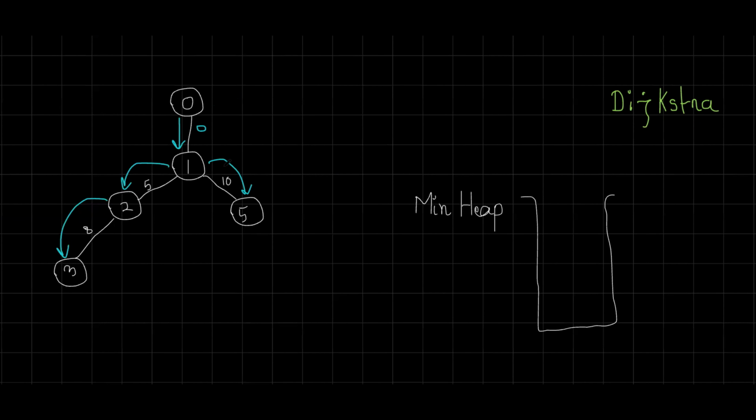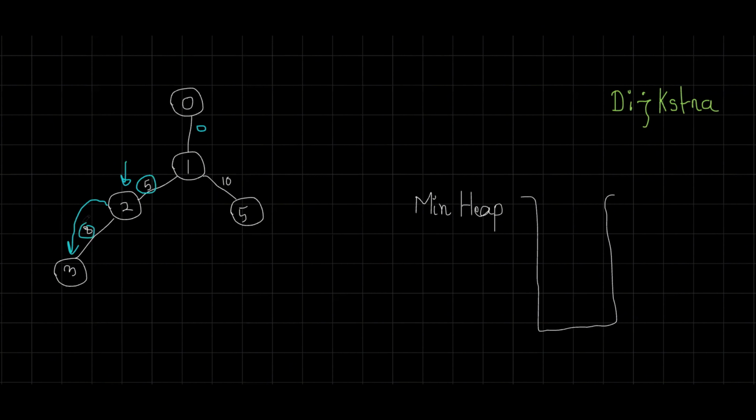So here the intuition is very simple. Suppose we are at this node 2. To reach node 2, we have to pass minute 5. And the secret will pass from node 2 to 3 after minute 8.